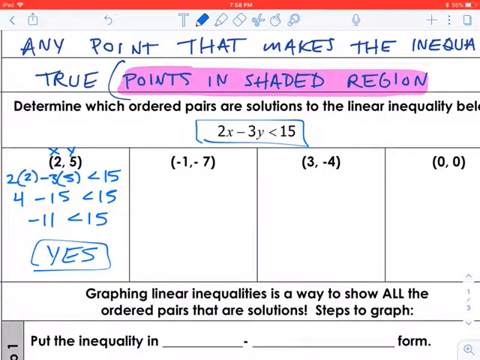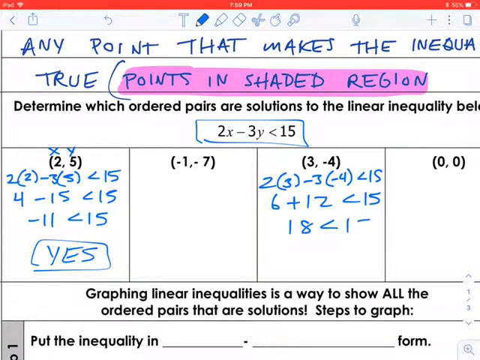So I've got 2 times 3 minus 3 times negative 4, less than 15. Well, that's 6 minus negative, times negative is positive 12, less than 15. So 6 plus 12 is 18.